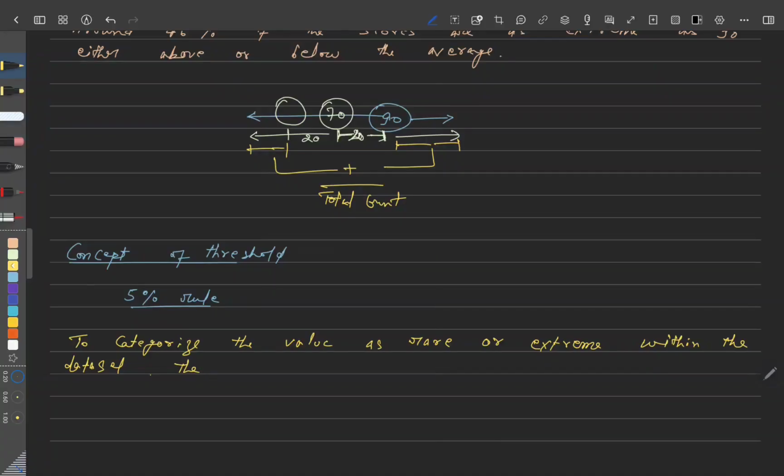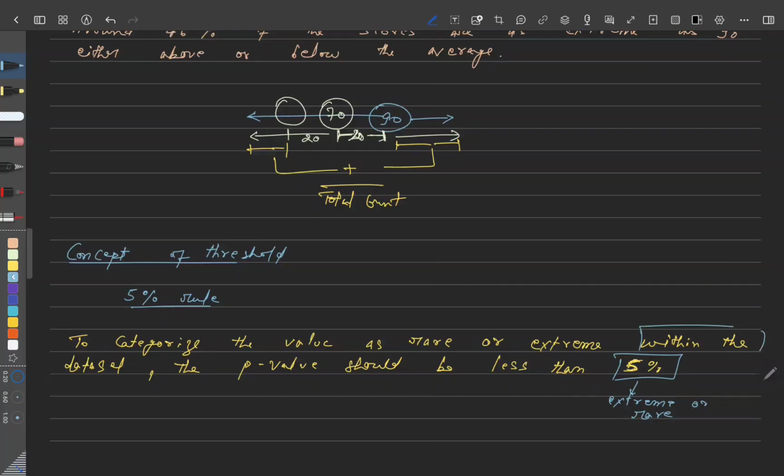The p-value should be less than 5%. So remember, that is not less than or equal to, it should be less than. If it is equal, it won't be categorized as rare or extreme. But if it is less than 5%, it will be categorized as extreme or rare.